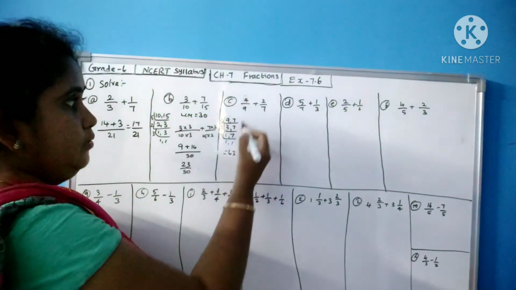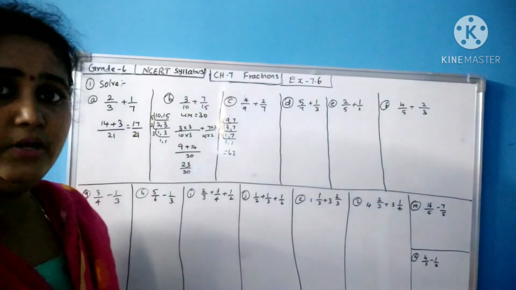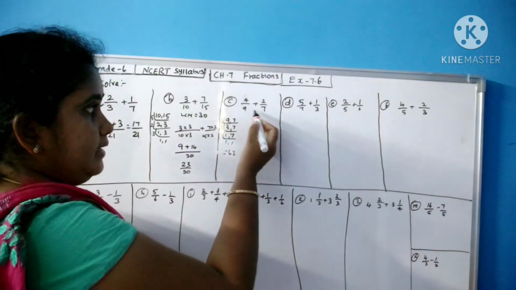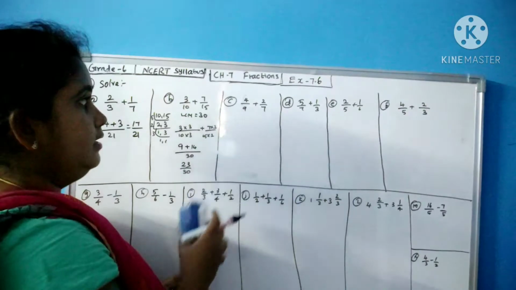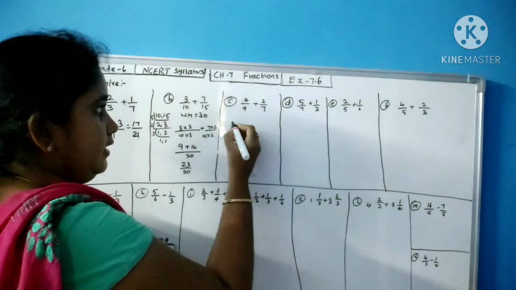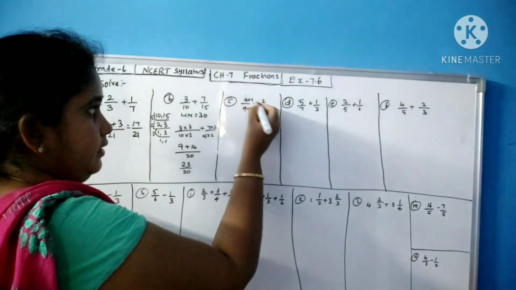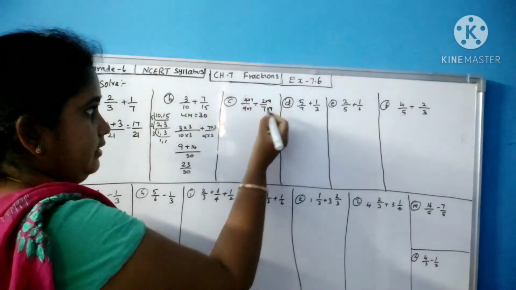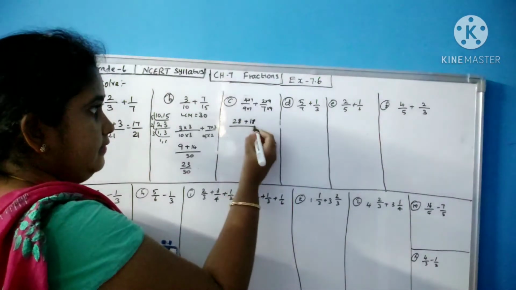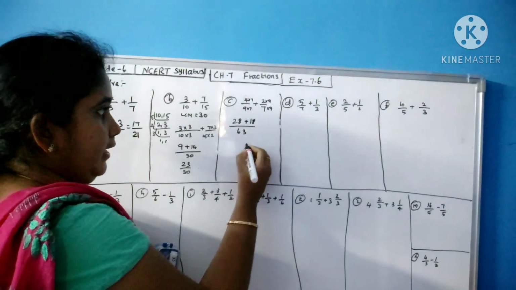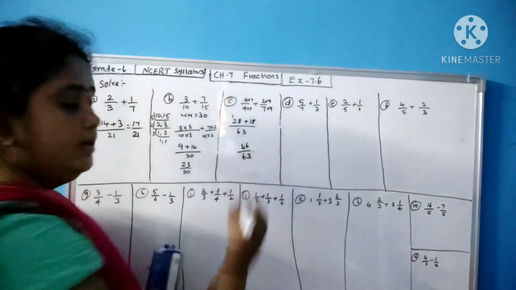So if both the numbers do not go in the same table, you can directly multiply the two numbers and find that the LCM is 63. 9 into what gives you 63? 9 into 7. 7 into 9 gives you 63. 4 7s are 28 plus 2 9s are 18 divided by 9 7s are 63. So 28 plus 18 is 46. 46 by 63 is your answer.